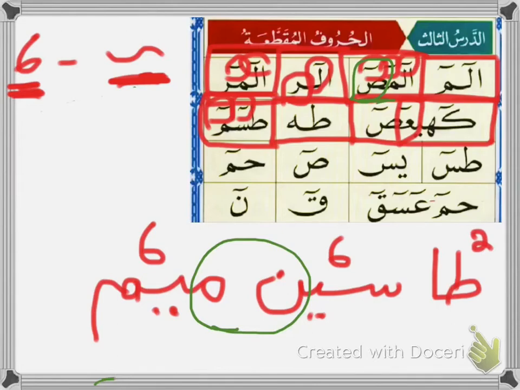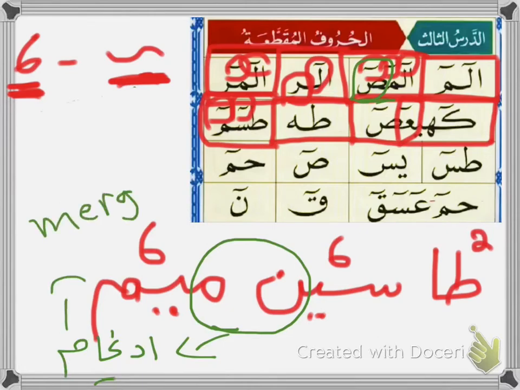Has no haraka on it. So when the noon meets the mim, it becomes idgham. Idgham means merge. In this situation, we take away the noon and we just give the meme two sounds. Okay, so we say ta, si, mim.